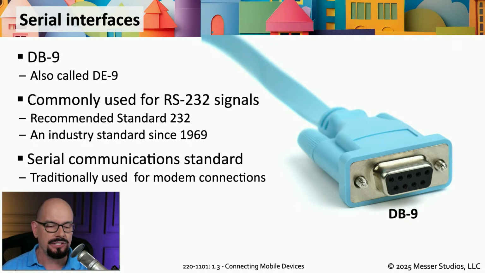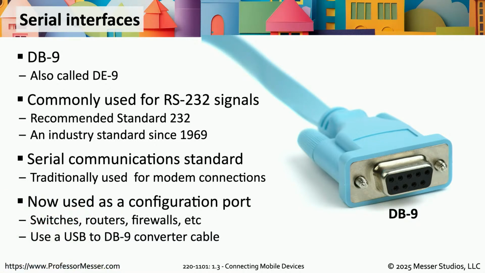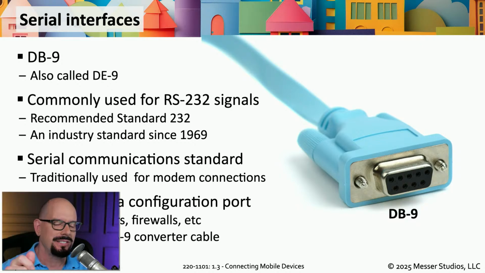Another thing that is important to know for this connection is that there's probably one of these on your switch, on your router, on your firewall, but it may not be a DB9 connector. It may be a serial connector using USB. It might be a serial connection that is using some other, maybe it's an RJ45 connection that is serial.